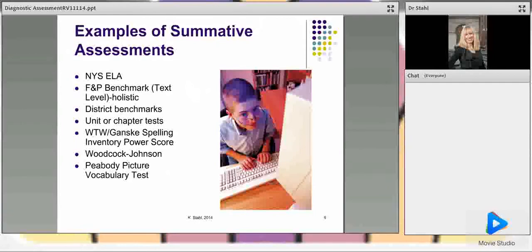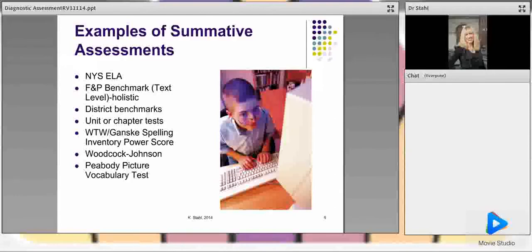So some additional examples of summative assessments would be your F&P, for some of you who use, say, an F&P benchmark kit, and that would be the holistic level. So for example, in September, is a child reading at a particular text level that we expect them to be reading at the beginning of, say, first grade or second grade?